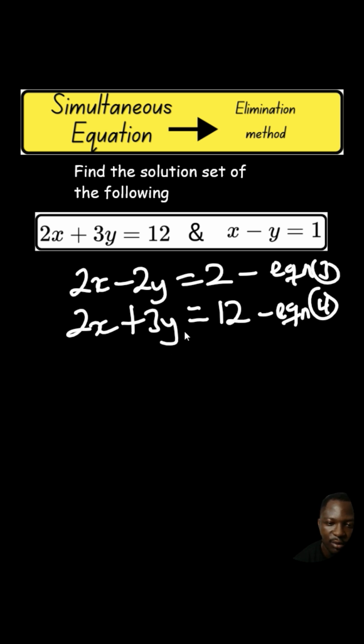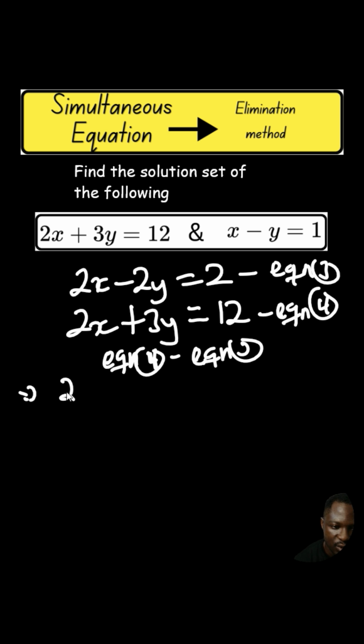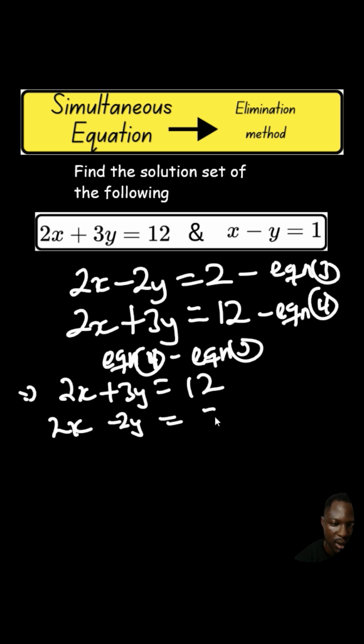We can now subtract equation 3 from equation 4, or either way around. Equation 4 is 2x plus 3y equal to 12, and equation 3 is 2x minus 2y equal to 2. So now we need to subtract both equations.